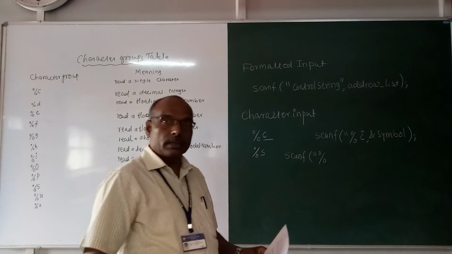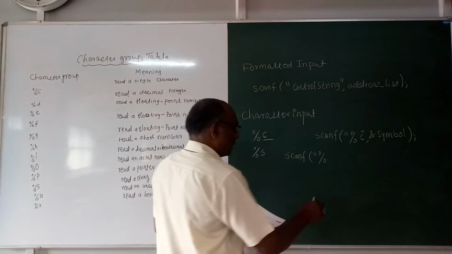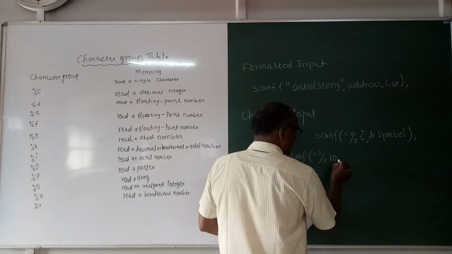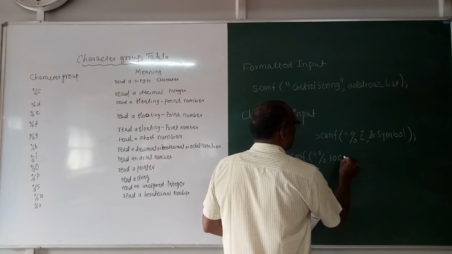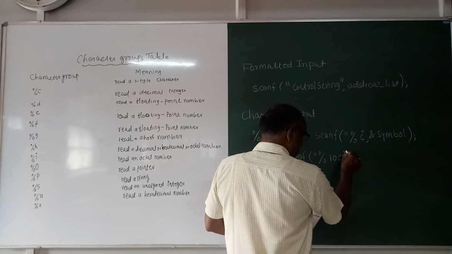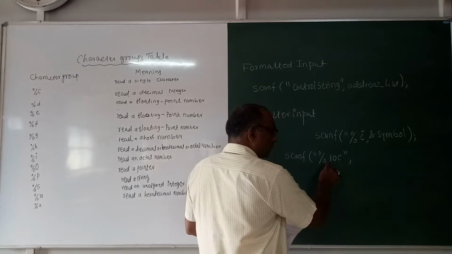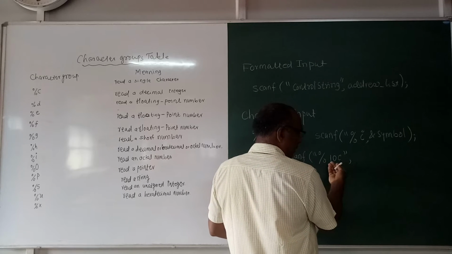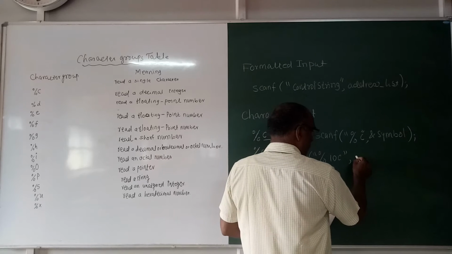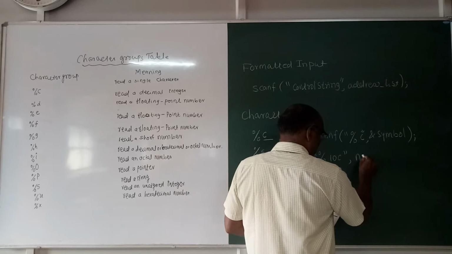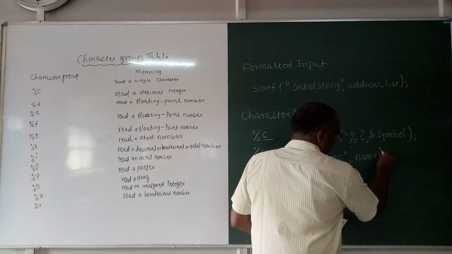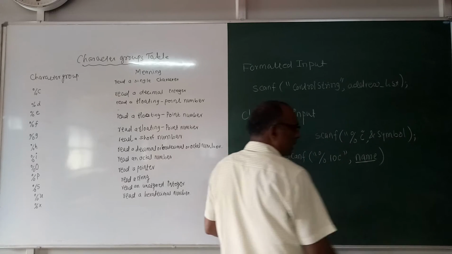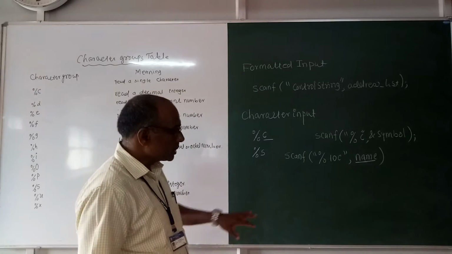I'll write the number of characters here, that is in between the % symbol and this C. I'll write 10 and C. Okay, close this and say, I will not specifically write 10 as required in a program. Say here I'll write name. This variable list doesn't require ampersand here because it is a string.